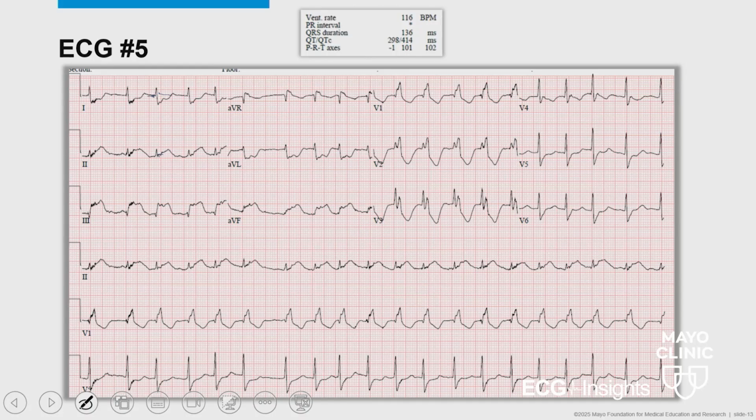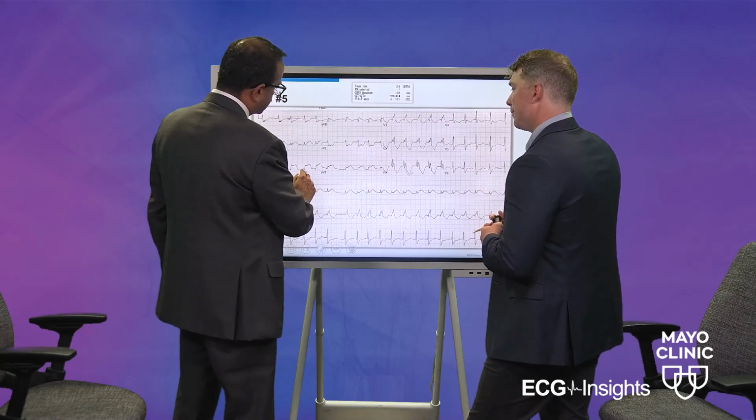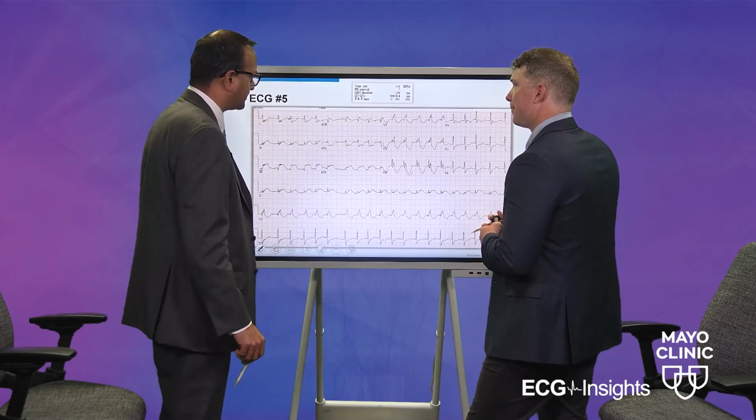And then by the time you get over to V4, you do have ST depression, but there might be more of a reason for why that ST depression is there. Normally you would get ST depression with right bundle branch block and T-wave inversion sometimes, but this is quite pronounced, and this is probably some reciprocal changes from the inferior leads.